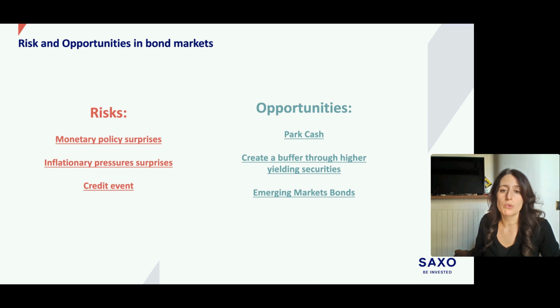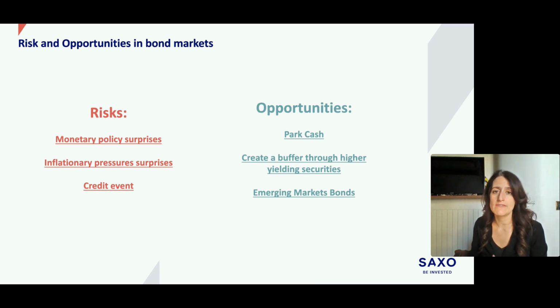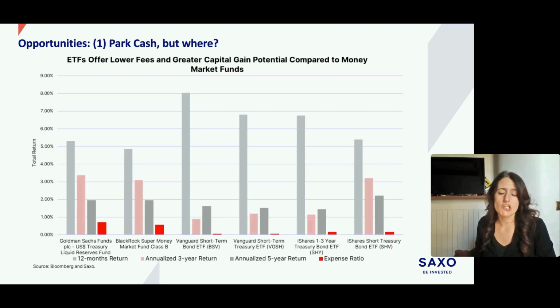Then the other opportunity is again to behave like investors have been behaving in 2022 and 2023, so trying to create a buffer against inflation and monetary policy surprises. And the other opportunity is emerging market bonds, and I'm going to explain why later. So park cash, we already talked about the 2 years, so I don't want to repeat myself.